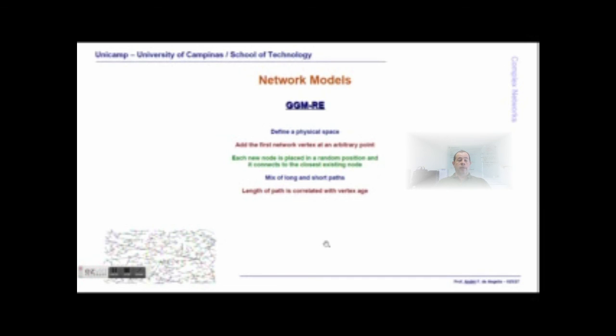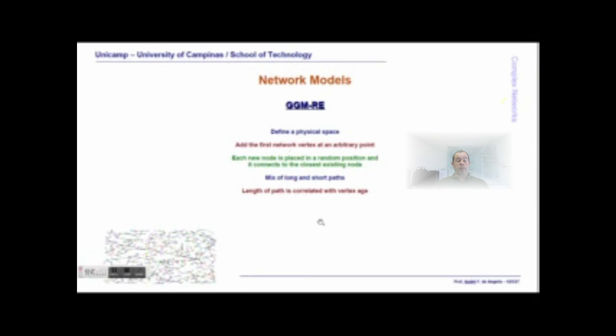Here we have the steps of my model. We define a physical space. We add the first network node at an arbitrary point, and each new node is placed in a random position, but this position is important.